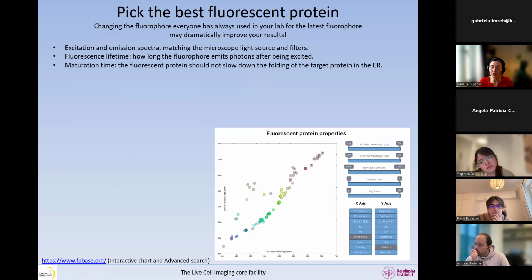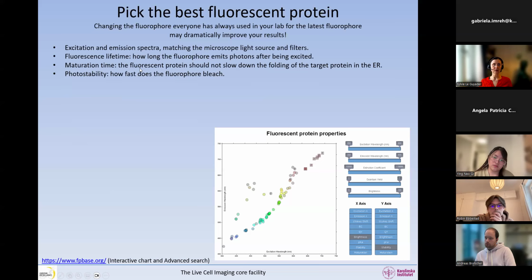When it's produced by the cell, how long does it take to mature and fold so that it starts fluorescing? If you have a protein of interest that folds very quickly and your fluorescent tag folds very slowly, it's going to slow down the whole protein, and that's not very good. So you also want to pay attention to the maturation time when you choose your fluorescent protein.